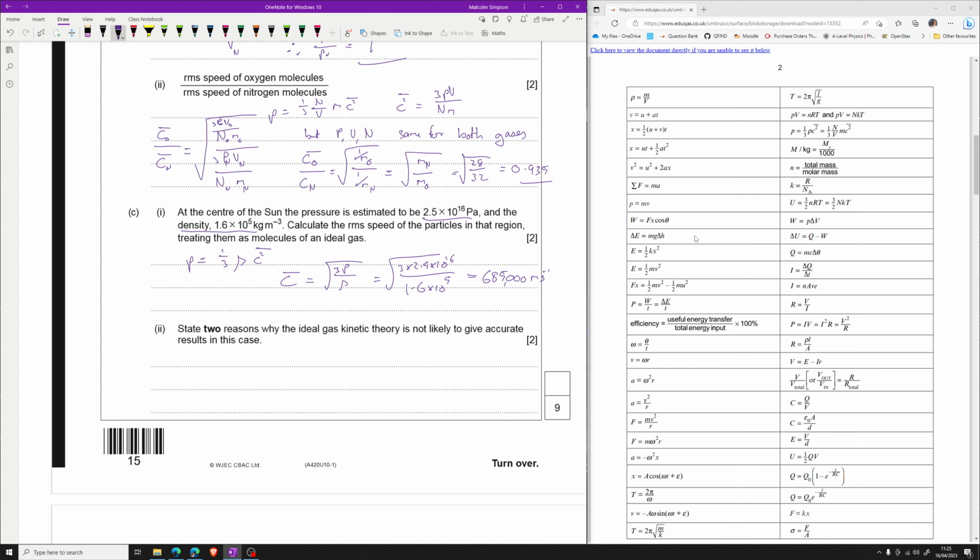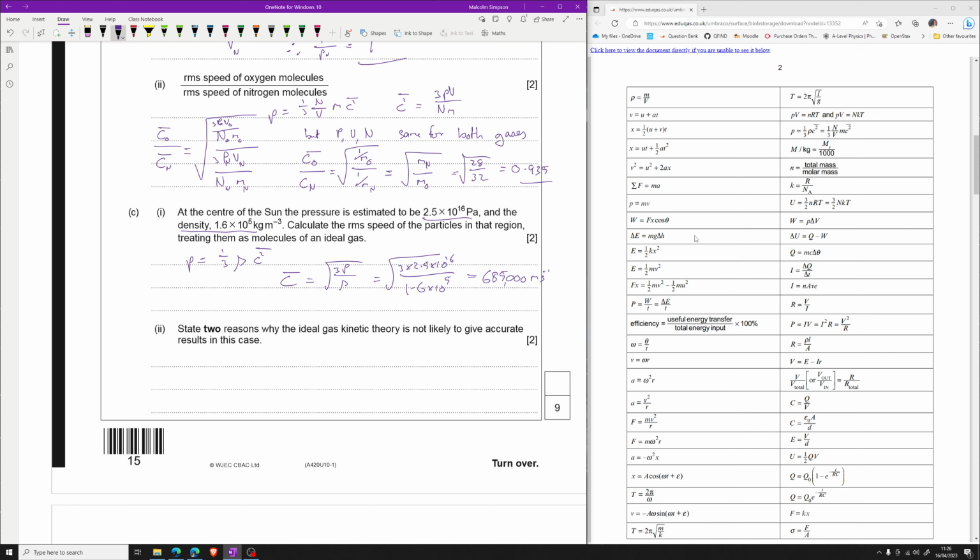So finally, state 2 reasons why the ideal gas kinetic theory is not likely to give accurate results in this case. So if we think about our ideal gas and the assumptions that we make for that, those assumptions are that the particles themselves take up negligible volume, that there are no forces between the particles, that collisions are elastic.